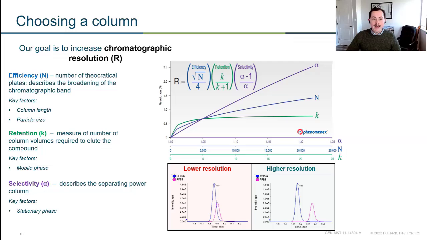Some of the drawbacks or some of the compromises you need to make when you go to a smaller particle size would be column pressure. Make sure your LC can handle that sort of pressure. And also, if you have a really nasty matrix, I'm going to be talking about cannabis a little bit, which is just a truly awful matrix, the smaller the particle size, the more risk you have for running into things like clogs.